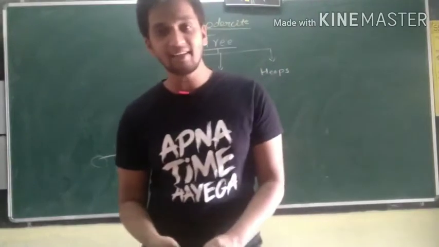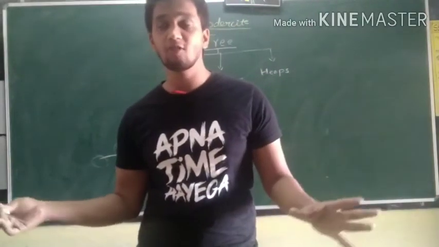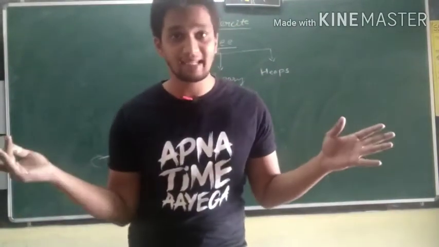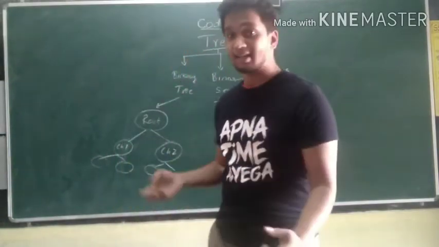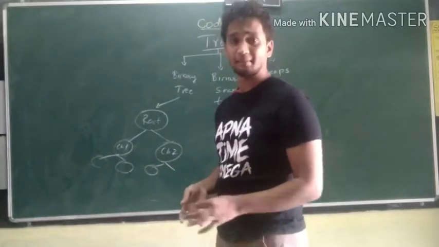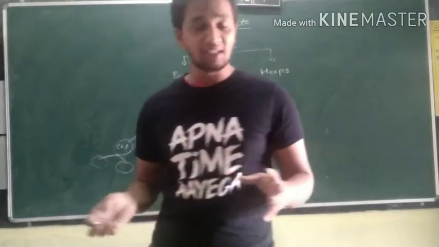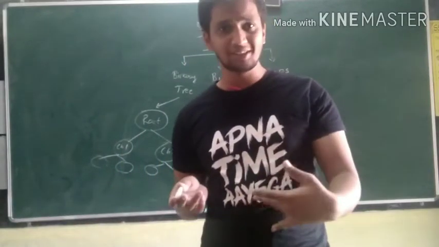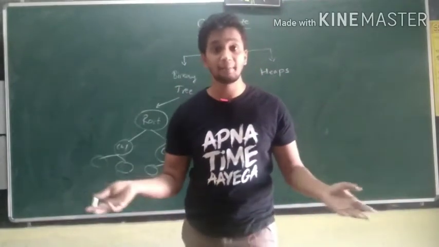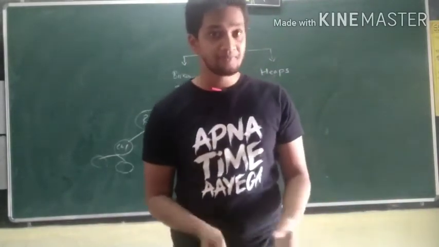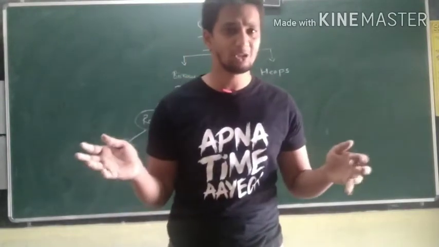In binary trees we have some other classifications, like full binary tree, complete binary tree, balanced binary search tree, those kinds of things. Just go through some pages or Geeks articles to get to know what a complete binary tree is, what a full binary tree is.